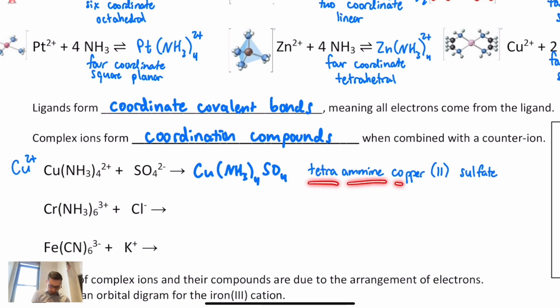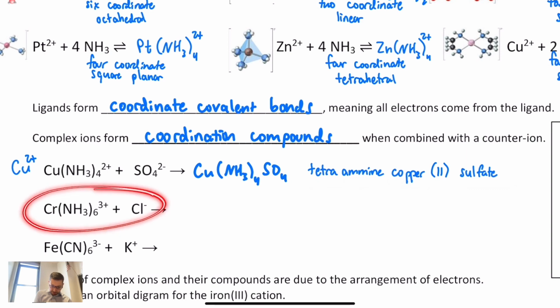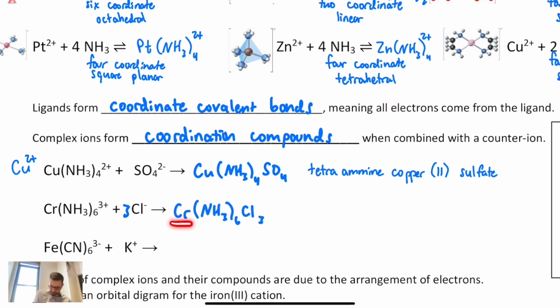That's the whole thing. How about this one right below it? This is a chromium complex with a 3+ charge. Notice the chloride with only 1 negative charge means I need 3 of those chlorides to make a neutral compound. So the formula would be chromium, parentheses, NH3, 6, and then Cl3. Now how do you name it? Cation first.